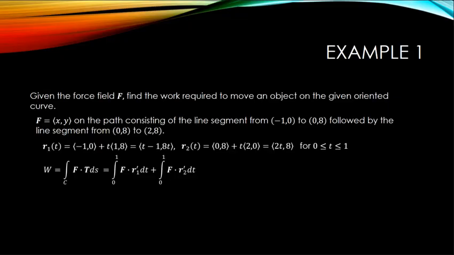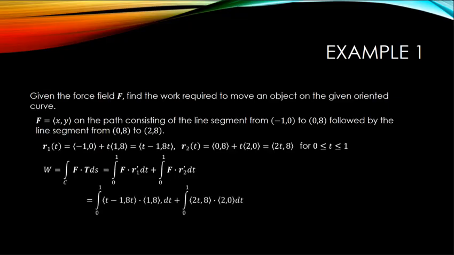So W is the line integral over C of F dot T ds, which is equal to the sum of two ordinary integrals, the integral from 0 to 1 of F dot r sub 1 prime dt plus the integral from 0 to 1 of F dot r sub 2 prime of t dt.